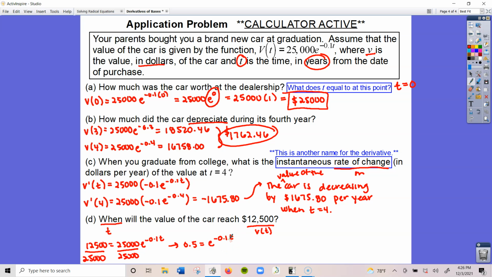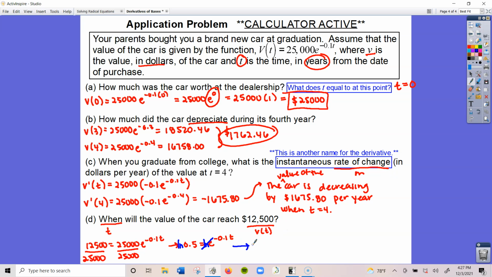Now I need to remove t from this exponent. In order to do that, e needs to get canceled out. And the function that cancels e out is ln. So that means that I'm going to apply ln to both sides, so that way it cancels out. So here, ln of e will cancel.